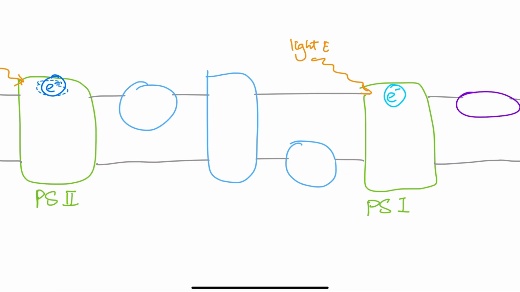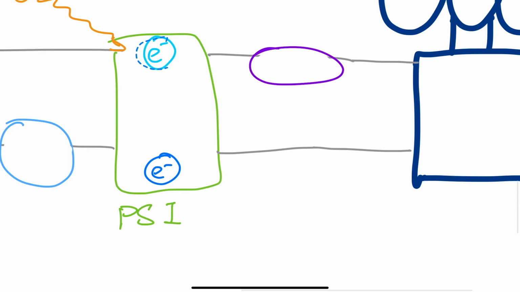So watch this electron. It's gonna get moved down to the next electron carrier, then the next, then the next, then it's gonna come to here. And this electron is gonna move to this complex right here, and this is actually where a reaction takes place, but I'm gonna explain that later.